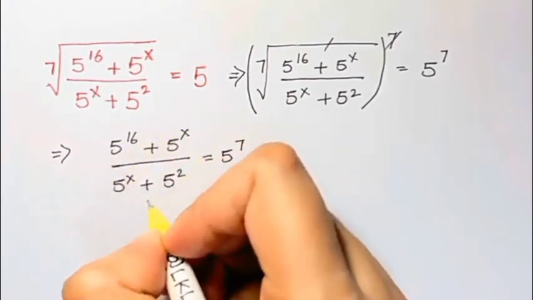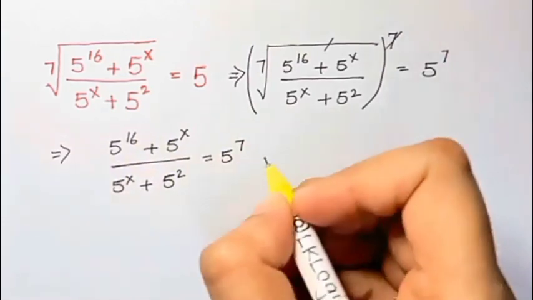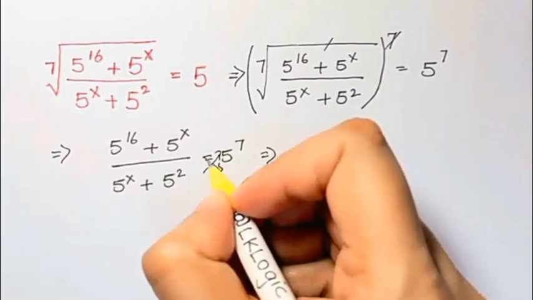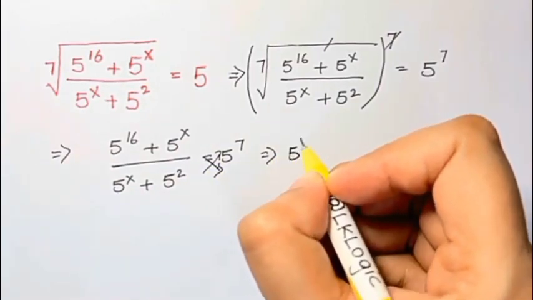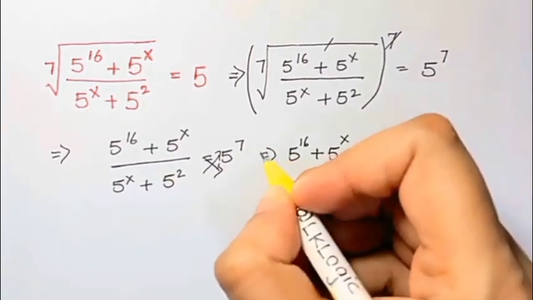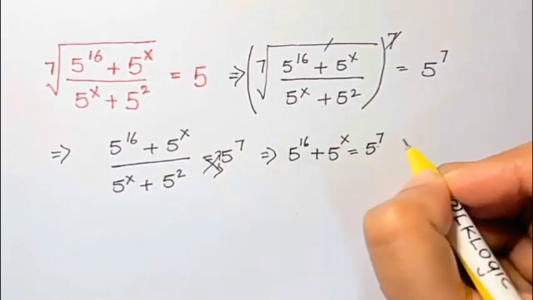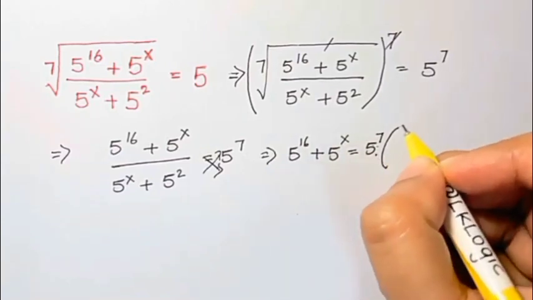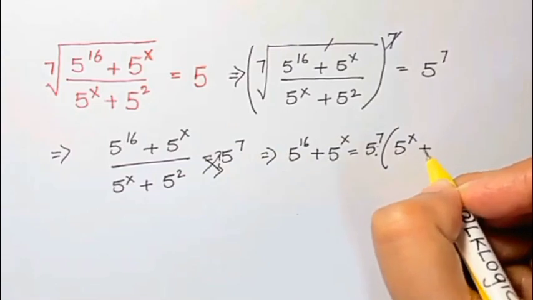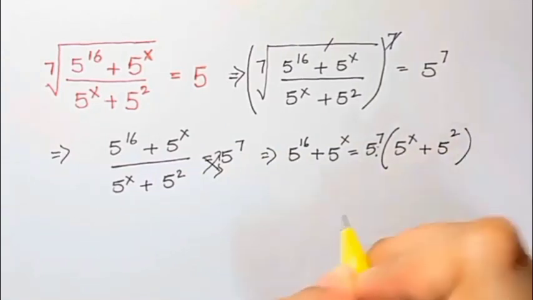Now this is like a single fraction. What we can do in the next step is just cross multiply things. So we have 5^16 + 5^x is equal to 5^7 times, I'm using parentheses for this term, (5^x + 5^2).